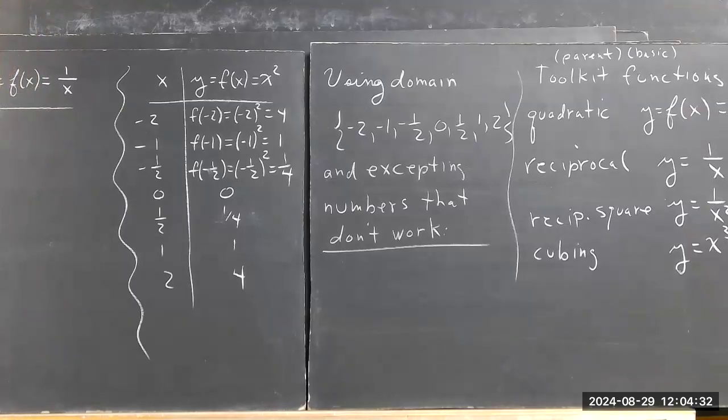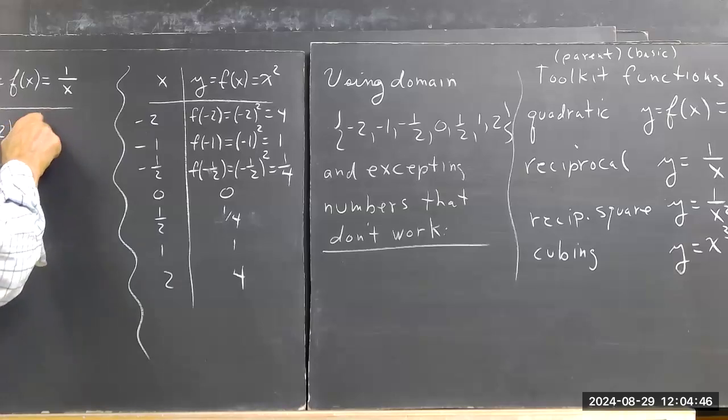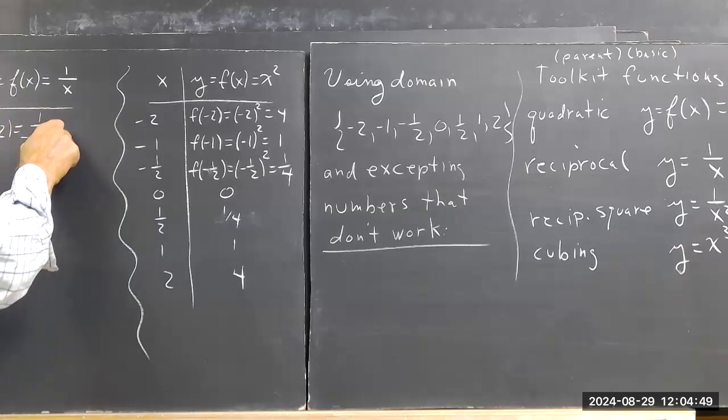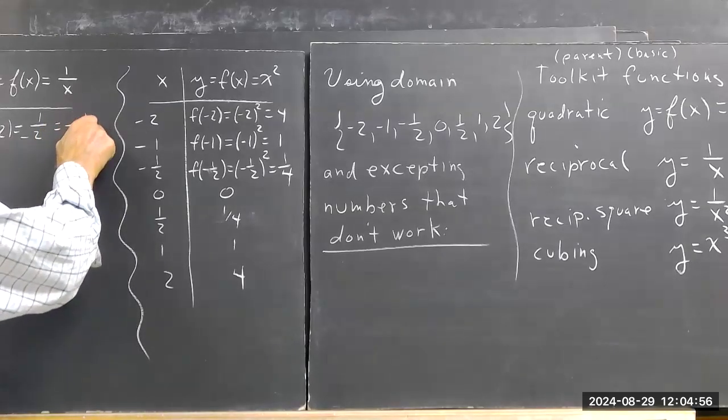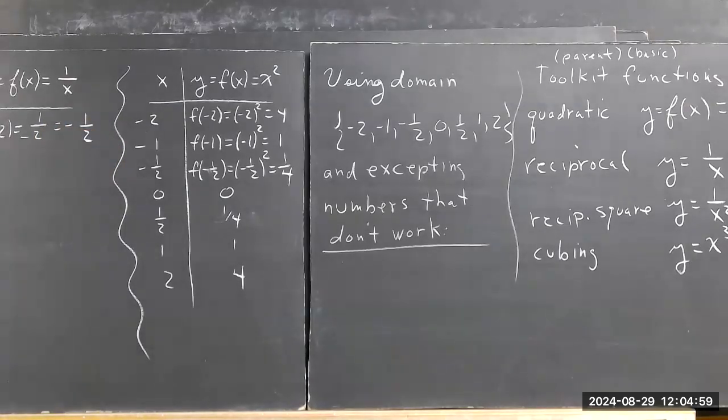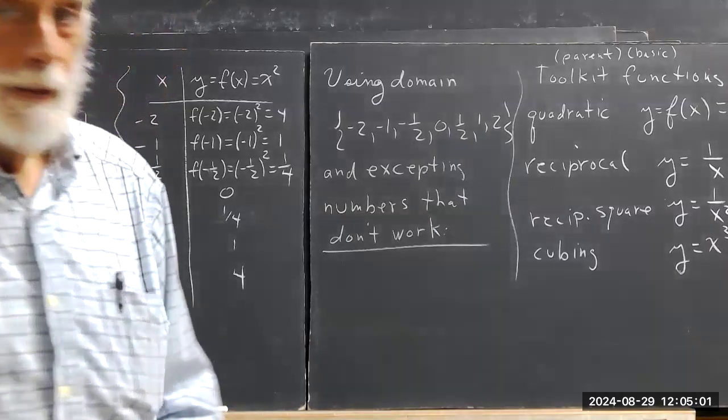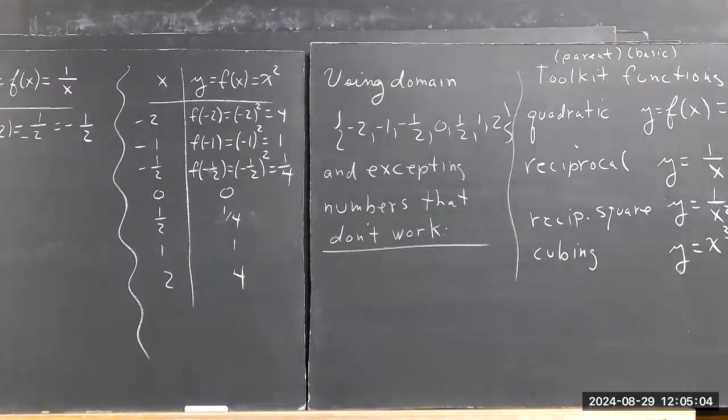Now, if you can write them down accurately just in your head, and some of you I think can, that's okay. If you need to, start with f of -2 equals 1/-2, right? And this again equals -1/2. So see if you can write out the rest of them.